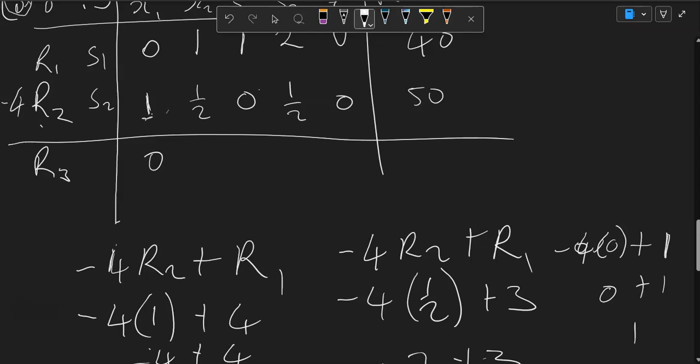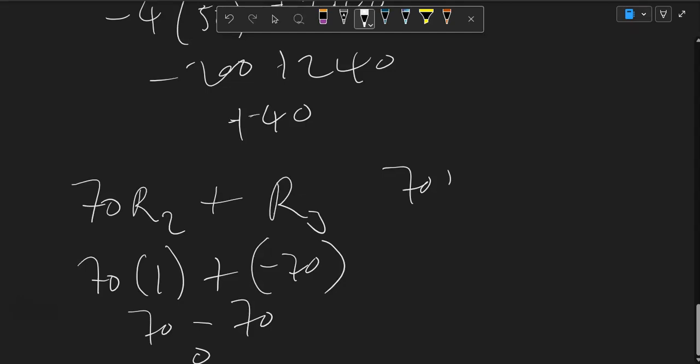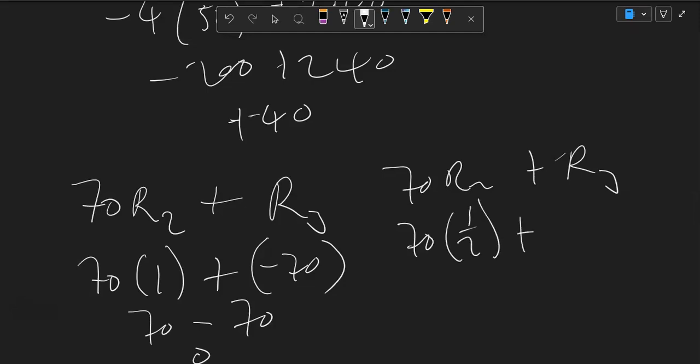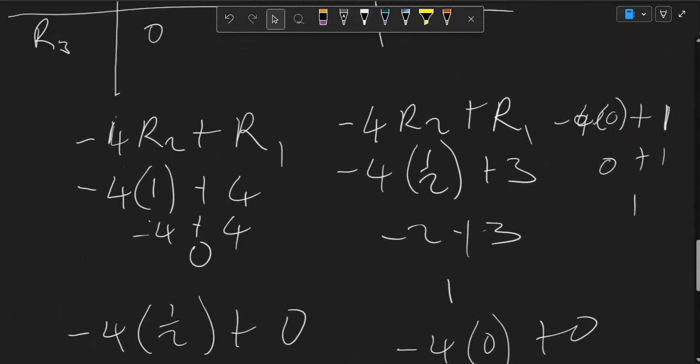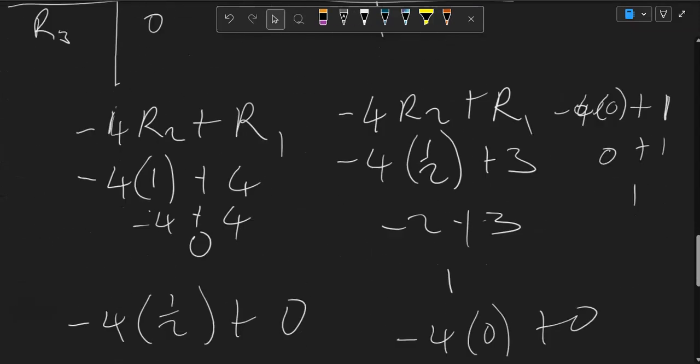Okay, we do the same on the second place. Second place we have a half, a 1/2 in the second row. So meaning, since the formula is 70 R2 plus R3, we are going to have 70 multiplied by half plus -50. Since -50 is what is in the second place of row 3, isn't it?